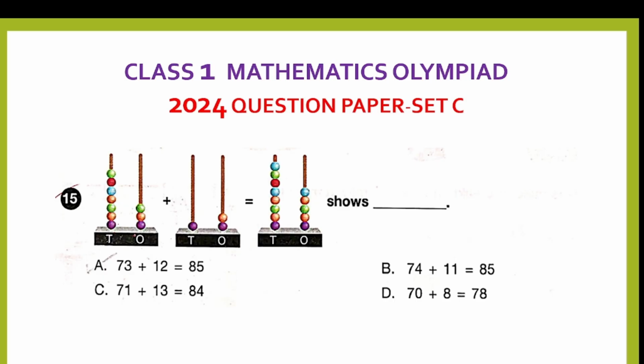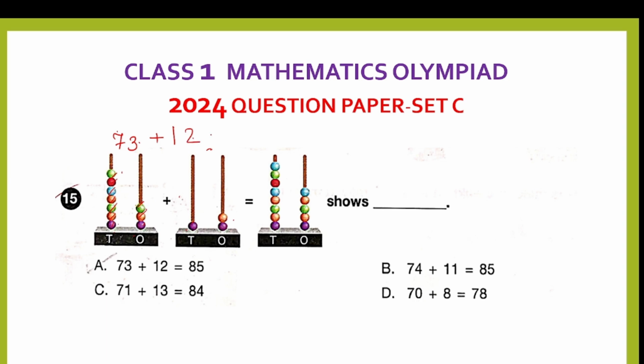So this first abacus plus the second abacus, which number addition does it show? First find the number of the first abacus. So there are beads 1, 2, 3, 4, 5, 6, 7. So there are 7 beads at the tens place. At the ones place there are 3 beads. So this is 73, and plus at the tens place there is 1 bead, at the ones place there are 2 beads.